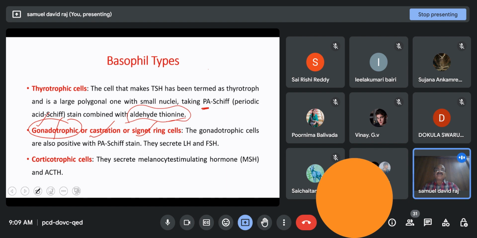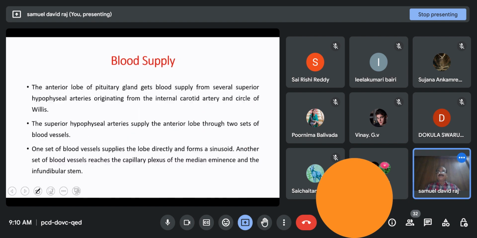They are also stained with periodic acid Schiff stain, and they secrete follicle stimulating hormone and luteinizing hormone. And corticotrophic cells secrete adrenocorticotrophic hormone, which mimics the melanocyte stimulating hormone of the pars intermedia too.